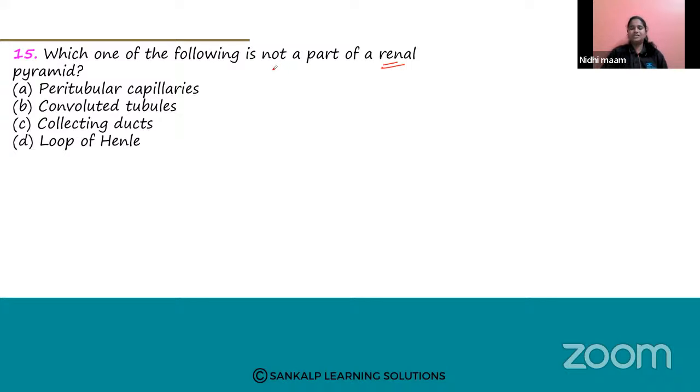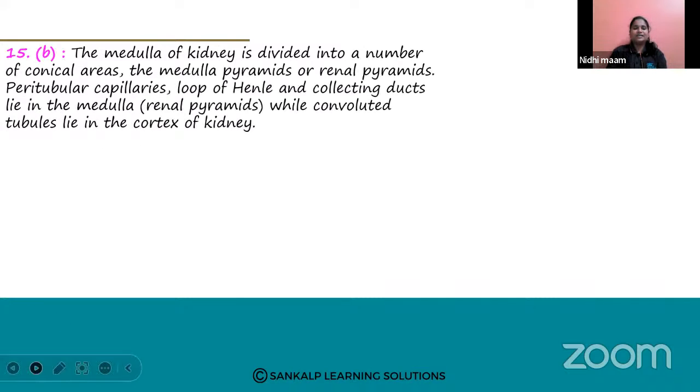Peritubular capillaries, convoluted tubules, collecting ducts, loop of Henle. Okay, the right answer here is option B. The medulla of the kidney is divided into a number of conical areas, which we call renal pyramids or medullary pyramids.